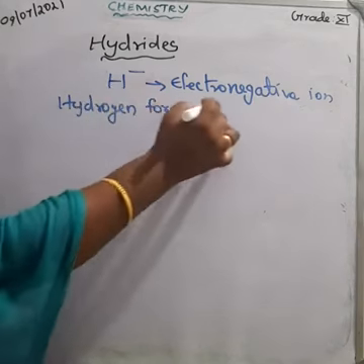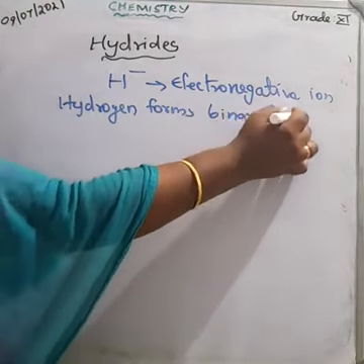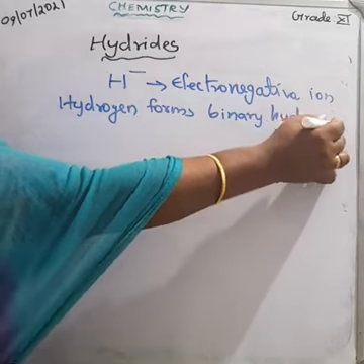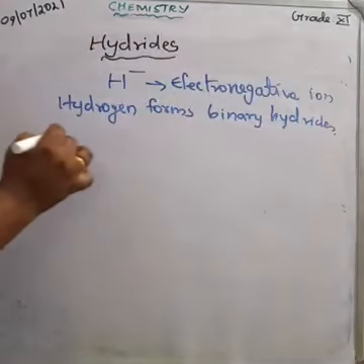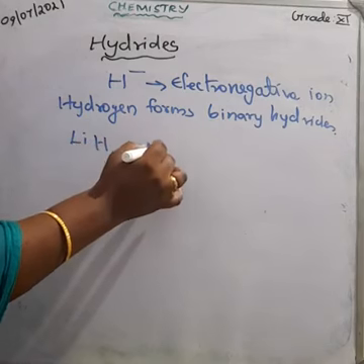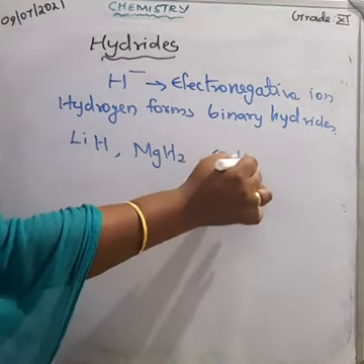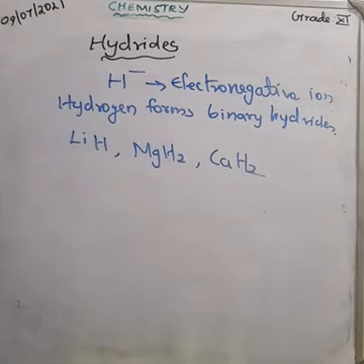Hydrogen forms binary hydrides. Binary hydrides means hydrogen combines with one other element. For example, lithium hydride, magnesium hydride MgH2, calcium hydride CaH2. Understand?